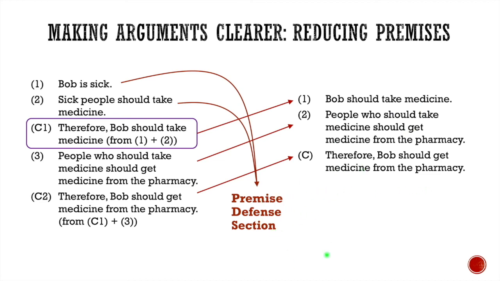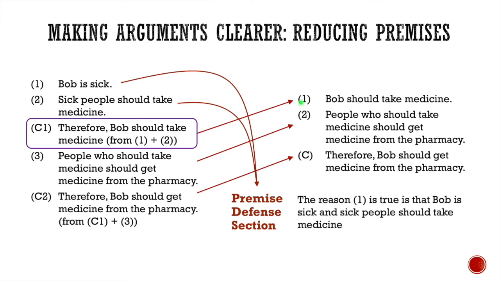So we add another section here. And in this section, instead of using numbers and such, we just use normal sentences. We can say something like, the reason 1 is true is that Bob is sick and sick people should take medicine. So I'm just taking Bob is sick and sick people should take medicine, and putting it here.